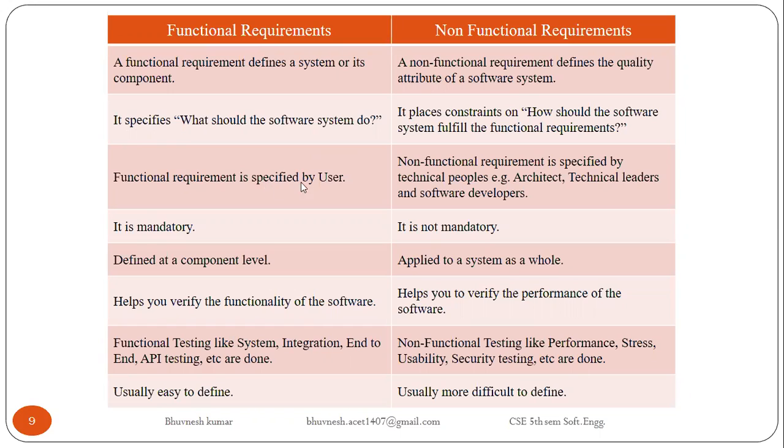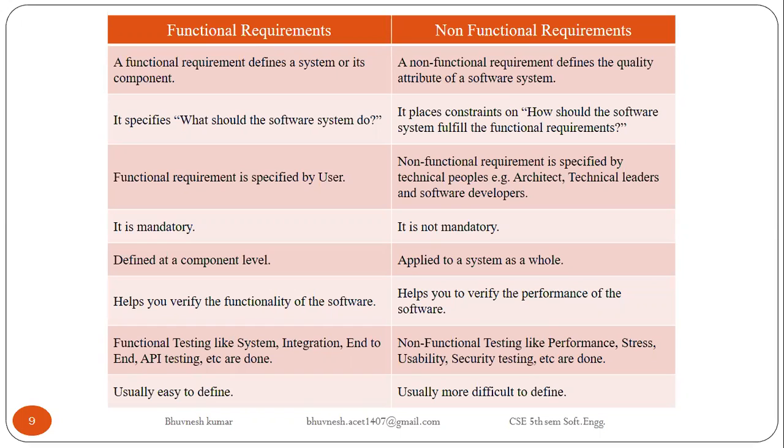A functional requirement is specified by the user. As a team member or as a project manager, we have to note down each and every requirement from the user or the customer, and that is specified by the user. As a developer, we have to know that.